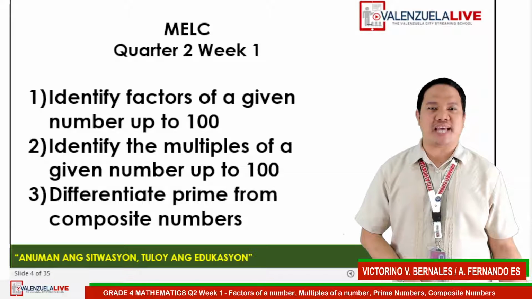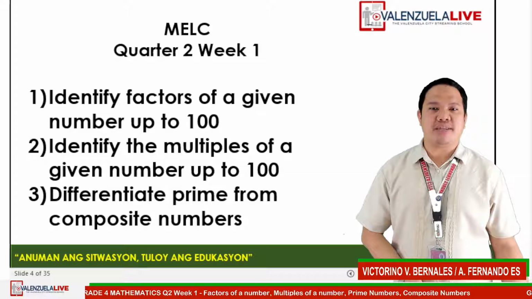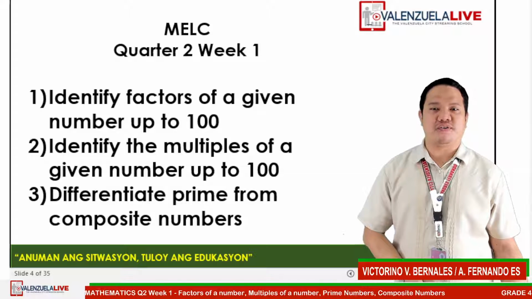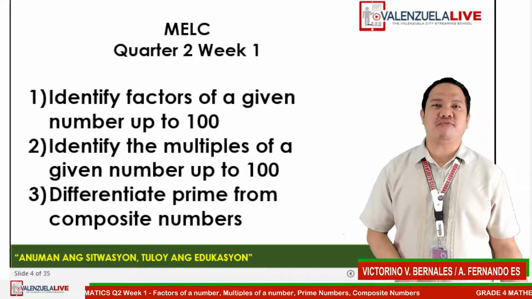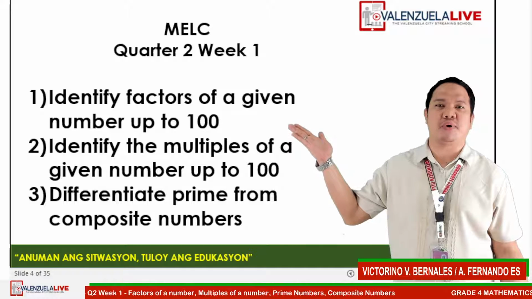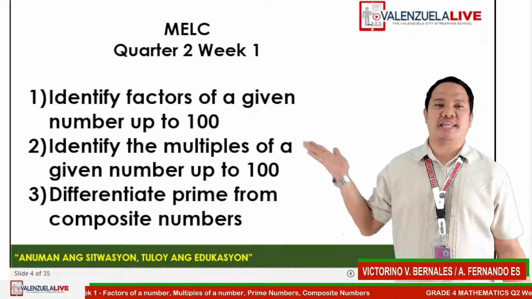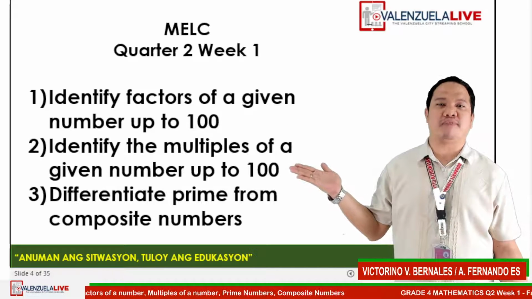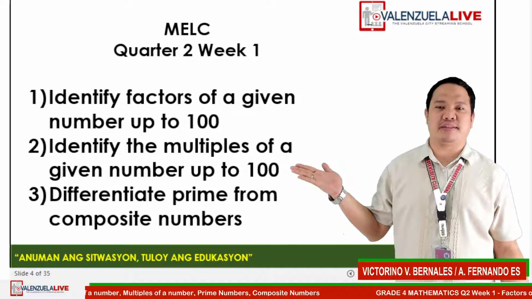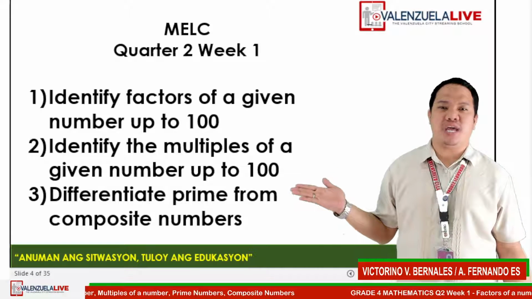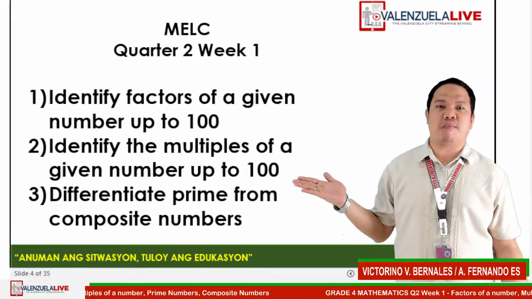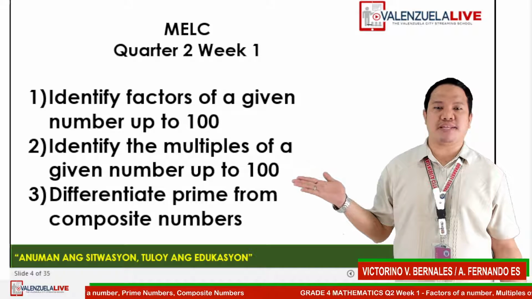For today's lesson, you have to master the following skills. First, you have to identify the factors of a given number up to 100. Identify the multiples of a given number up to 100. And lastly, you have to differentiate prime numbers from composite numbers.